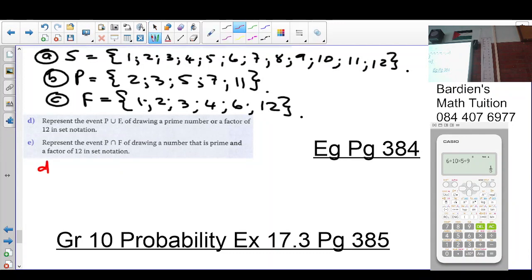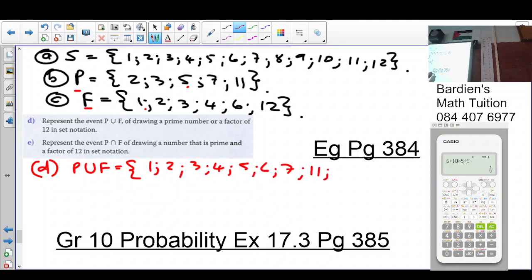So P union F. What is the rule for union? It is elements of both sets, and do not repeat. So P and F, it's going to be 1, 2, 3, 4, 5, 6, 7, 11, 12.